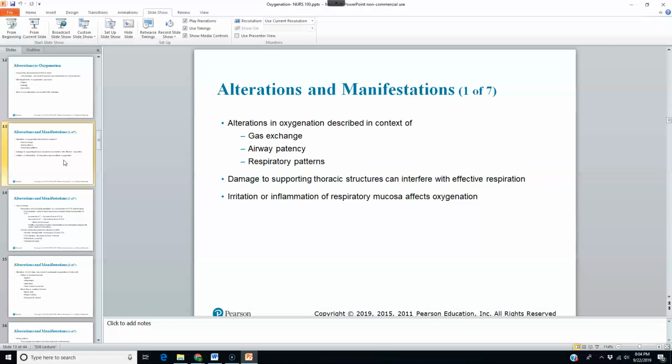We can also give names to specific respiratory patterns, and one of them is Kussmaul breathing. This occurs in the presence of metabolic acidosis, and it is characterized by very deep and very rapid breathing.